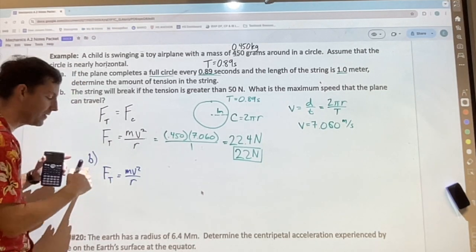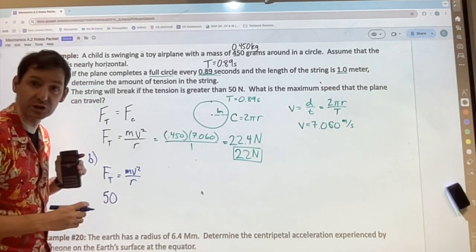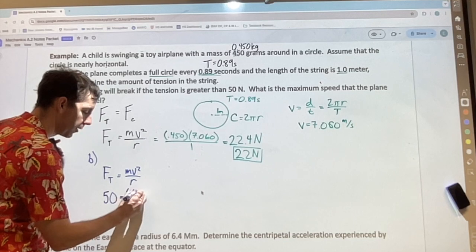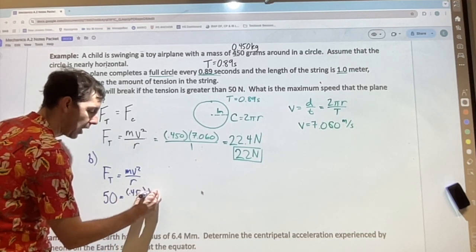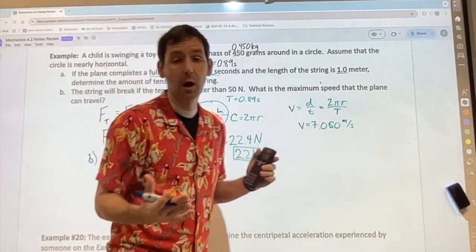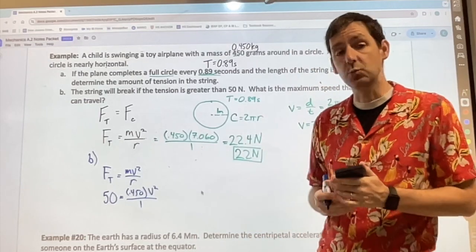Okay? So I'm going to find the limit. The way to do that is by putting 50 in for tension, right? Then the mass, which is 0.450, the velocity is what we're looking for, and then divide by the radius of 1.